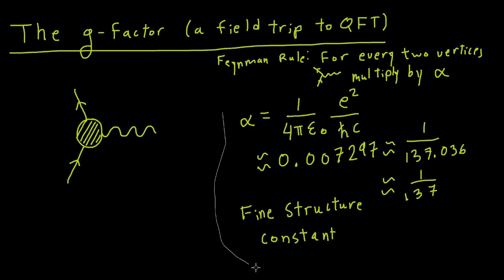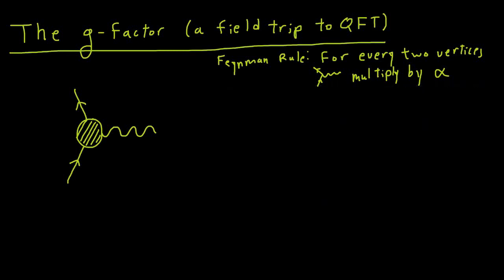So let's draw some of these diagrams to see what they look like. The easiest diagram you can draw is just this one. Nothing crazy going on here. Another diagram you could draw is the same thing, but with one extra photon added right there.